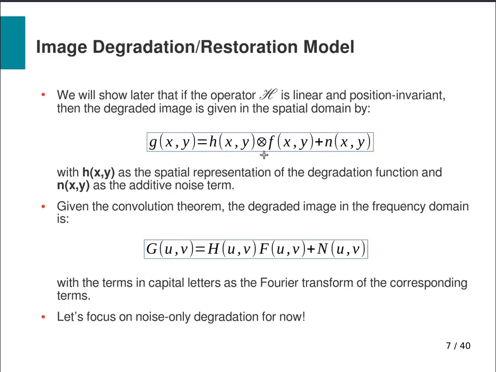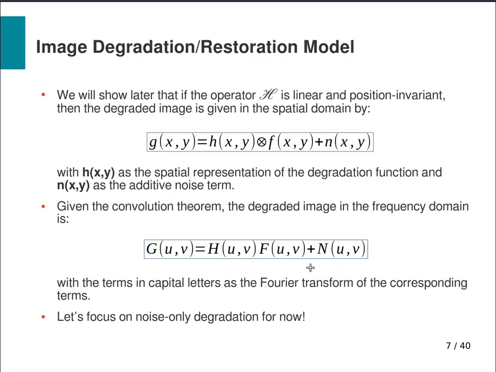So now if we have this equation in the spatial domain, it's only natural to write the equation in the frequency domain too. So capital G of u and v, basically the Fourier transform of g of x and y, equals H of u and v multiplied by F of u and v plus N of u and v.